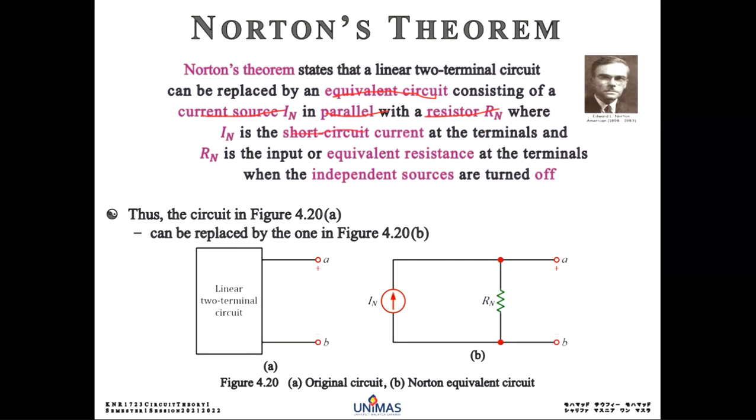IN is the short circuit current. For voltage, we use the open circuit voltage, because in short circuit the voltage is 0, so you have to find the open circuit voltage. Same with current: you cannot open it because if you open, there is no current, so you have to find the short circuit current. And the RN or RTH, either one, is the equivalent resistance seen at the terminal when all the sources are turned off.